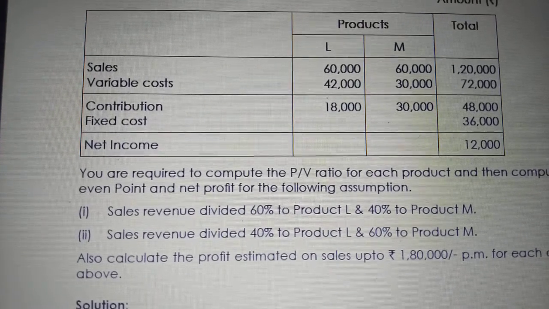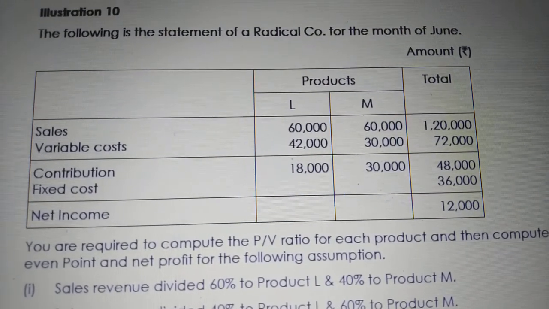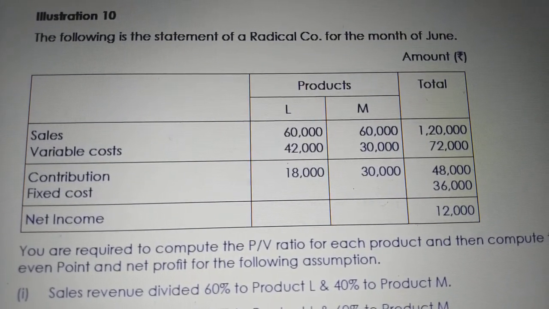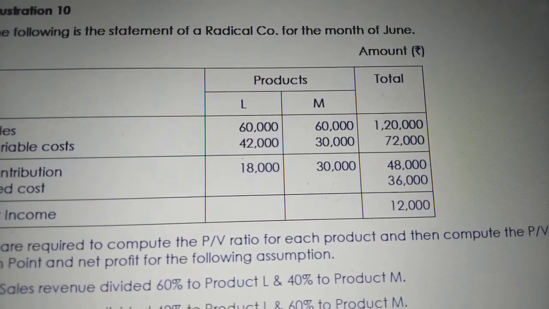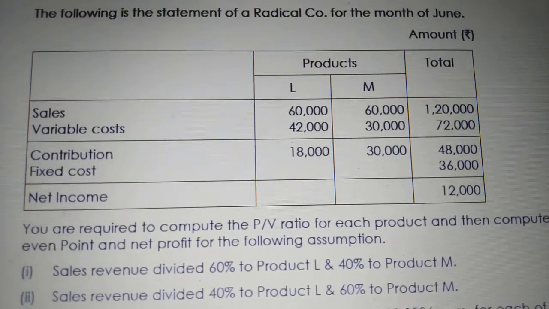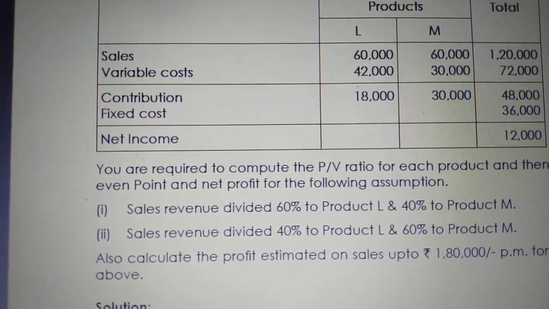Presently it is 50-50, as 60,000 each out of 1,20,000, but they are changing the sales percentage to 60-40 and 40-60.